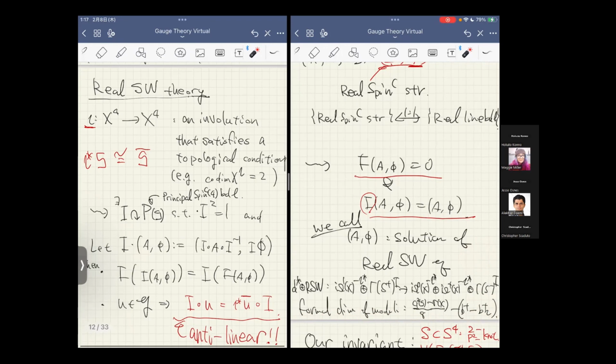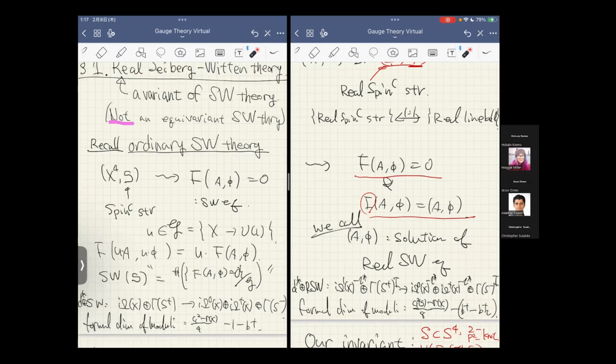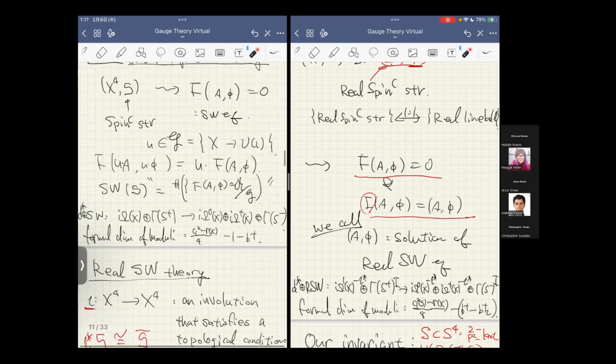In ordinary Seiberg-Witten theory, there is a constant term in the formula of the formal dimension of the moduli space. However, there is no -1 term in the formal dimension of the real Seiberg-Witten moduli space. This is a key point.